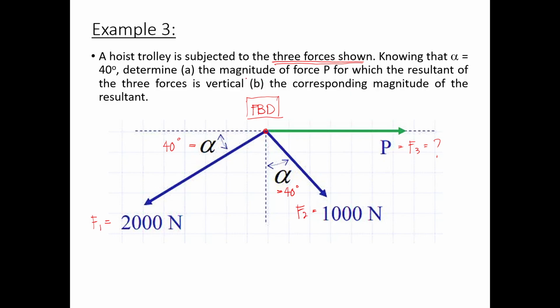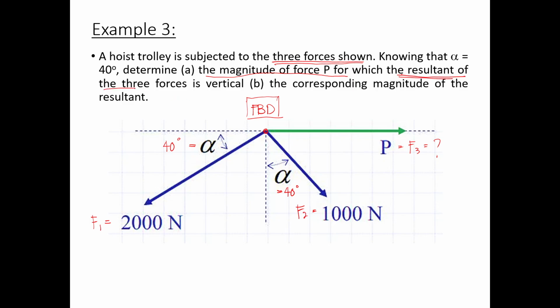The problem is asking for the magnitude of force P. It's important that you read the problem because you may get some information from it. So the magnitude of force P for which the resultant of the three forces is vertical.